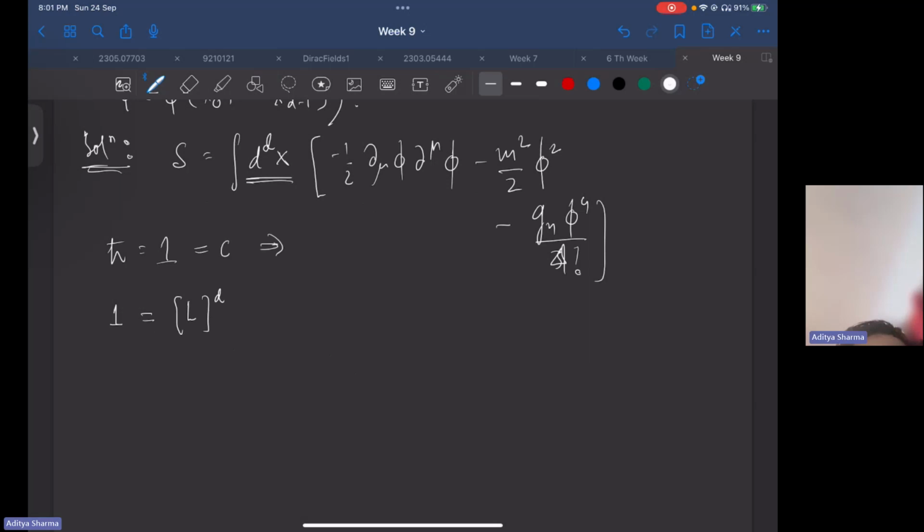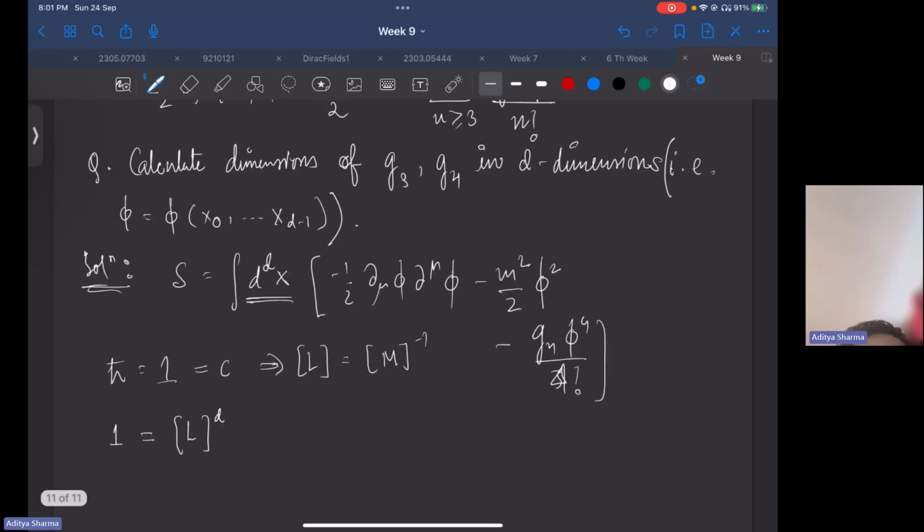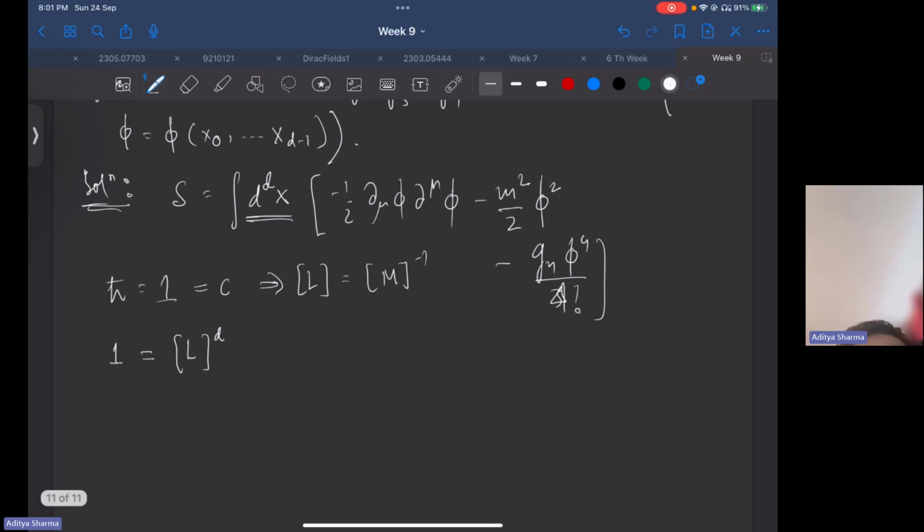This also implies that length is mass inverse. So we have d length dimension here, and we want to find mass dimensions, meaning the answer should be written in terms of mass. So we have d length dimension, which is mass to the power minus d.